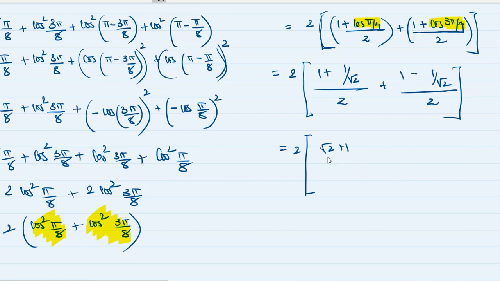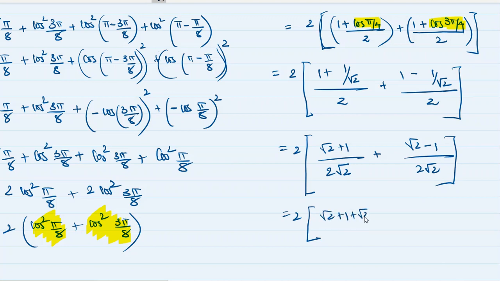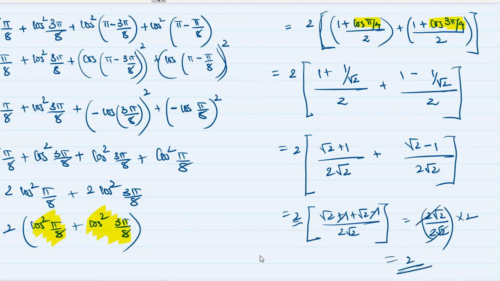Root 2 plus 1 by 2 root 2 plus root 2 minus 1 by 2 root 2. Root 2 plus 1 plus root 2 minus 1 by 2 root 2. Plus 1 minus 1 gets cancelled. Root 2 plus root 2 is 2 root 2 by 2 root 2. The whole multiplied by 2, which 2 is outside over here. This gets cancelled. The answer is 2.